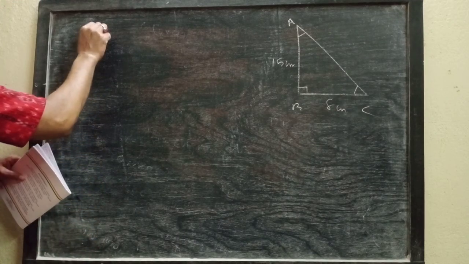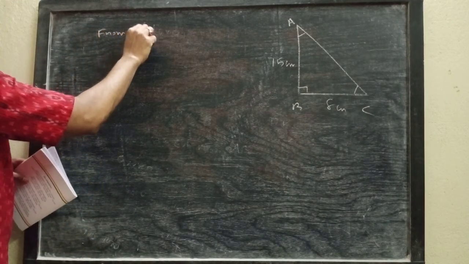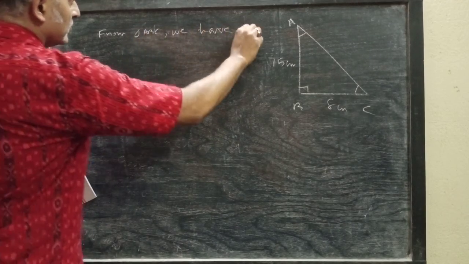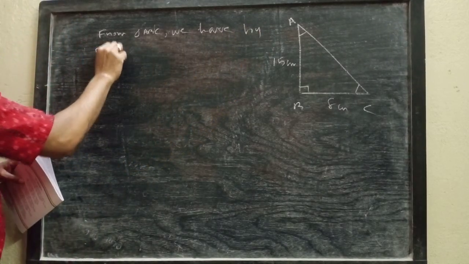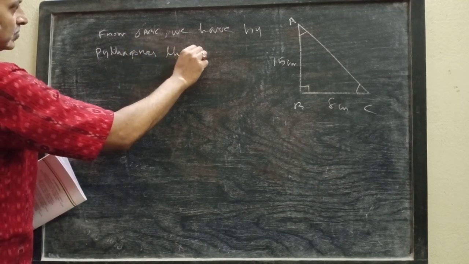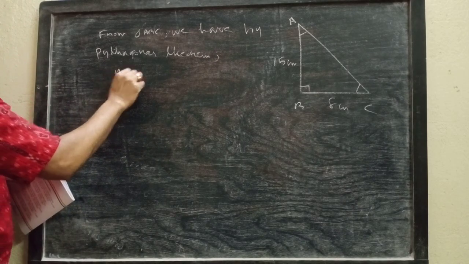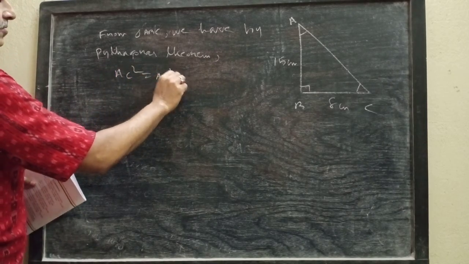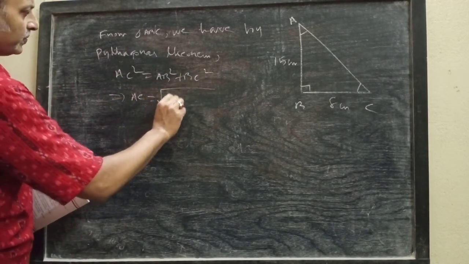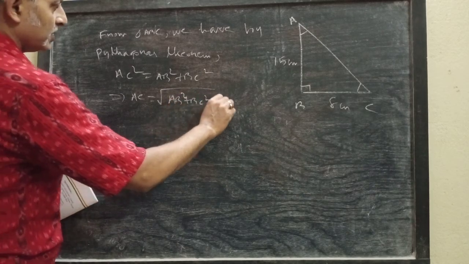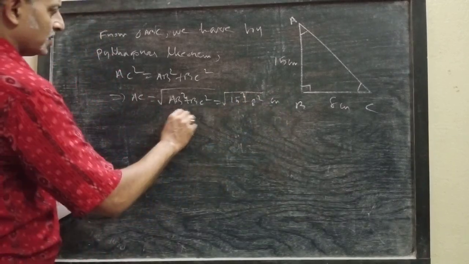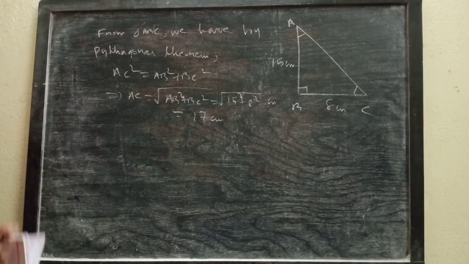Now from triangle ABC we have Pythagoras theorem. AC square equals AB square plus BC square. That implies AC is root over of AB square plus BC square, root over of 15 square plus 8 square centimeter, that is 17 centimeter.